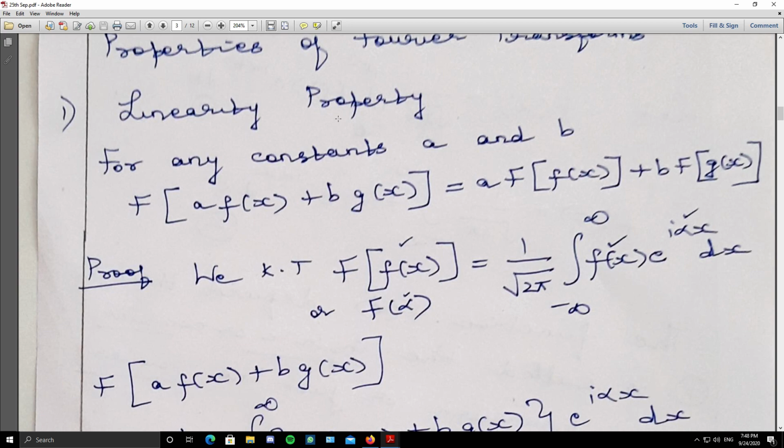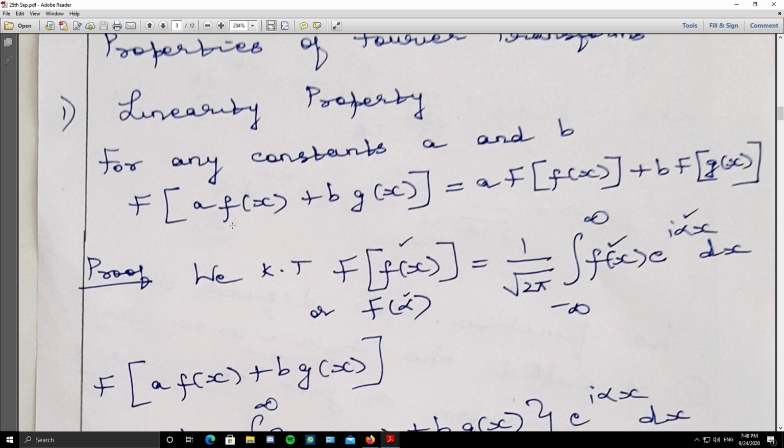So, sum of the transforms of two functions. The property states that for any constants a and b, F of a f of x plus b g of x equals a times F of f of x plus b times F of g of x. What is F? Fourier transform.